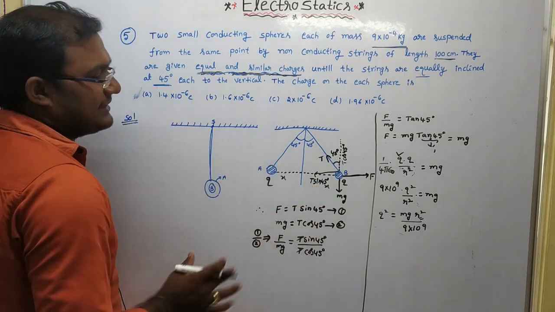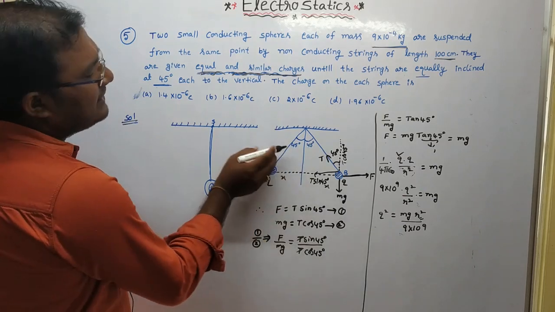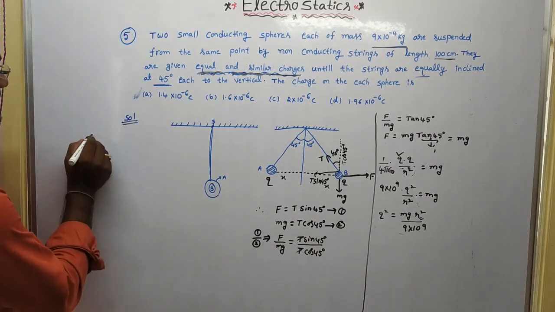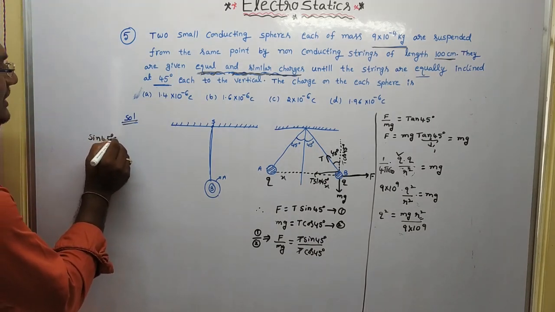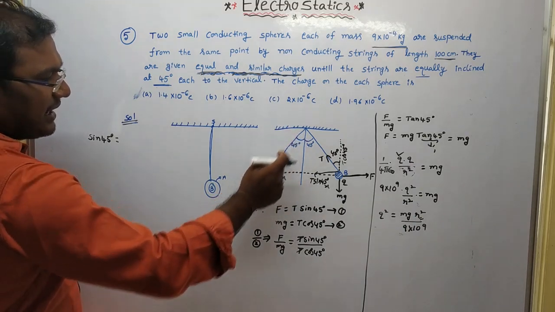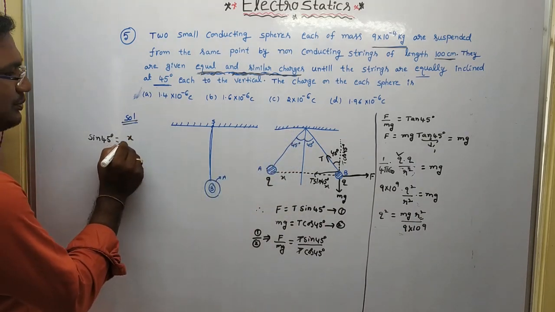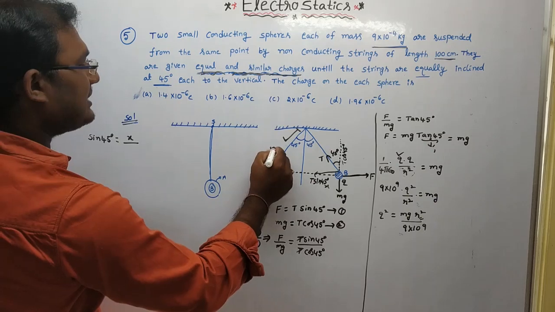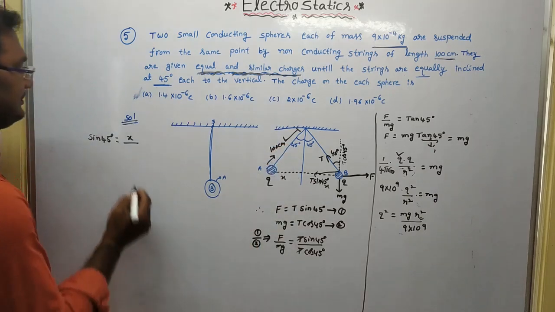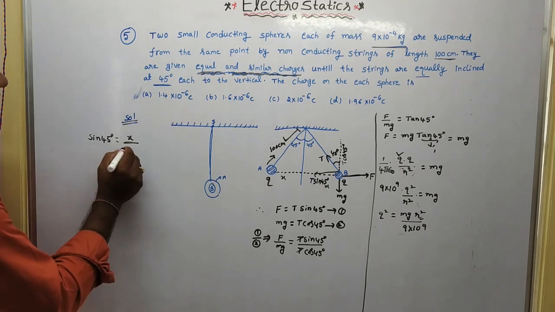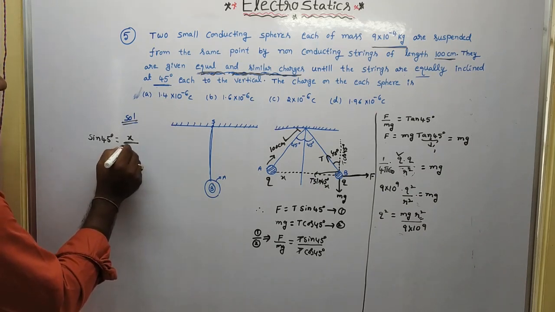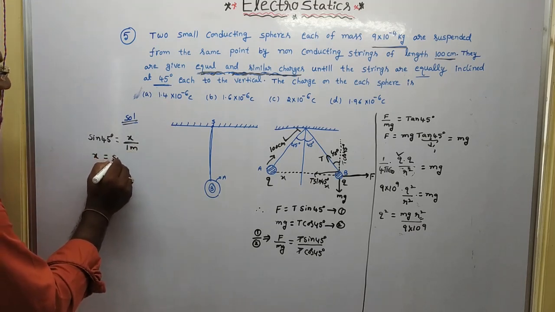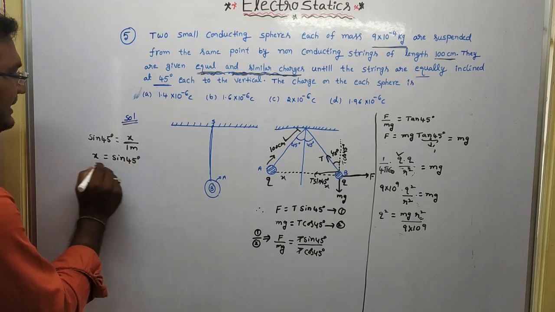Total distance is 2x. For example, here we take the sine of 45. Sine 45 degrees equal to opposite side by hypotenuse. That means x by hypotenuse, which is the length of the string, that is 100 centimeters. x by 100 centimeters means 1 meter. Therefore, x equal to sine 45 degrees.